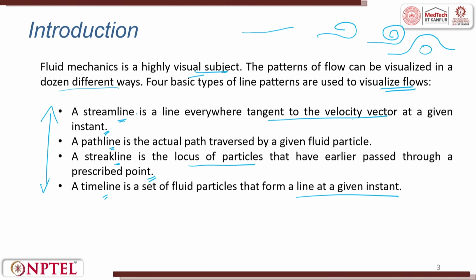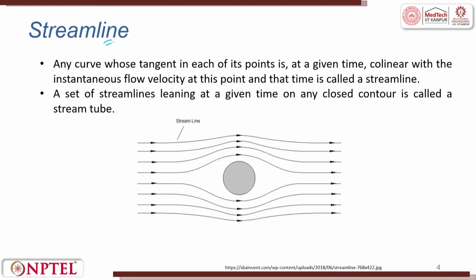A streamline is any curve whose tangent at each of its points is, at a given time, collinear with the instantaneous flow velocity at that point. A set of streamlines leaning at a given time on any closed contour is called a stream tube.